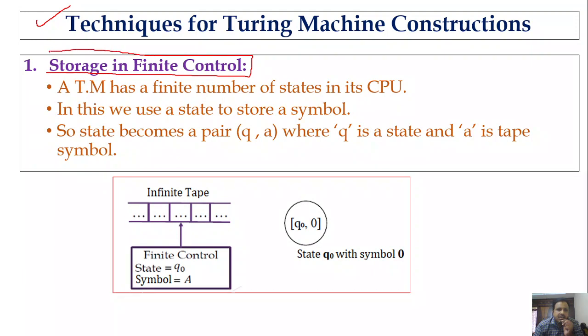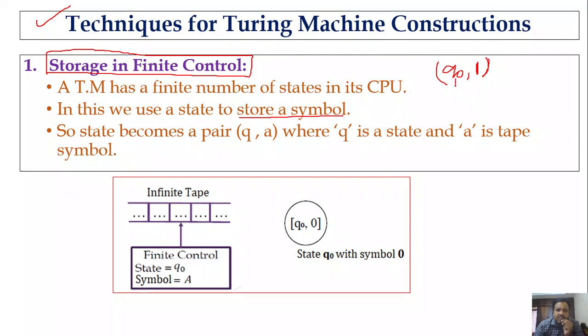In this particular technique, every state is going to store one symbol. Till now we have seen the various automata in which we only have the state. But here in this technique, every state stores some sort of input. So we can say here the state is a pair of two values.